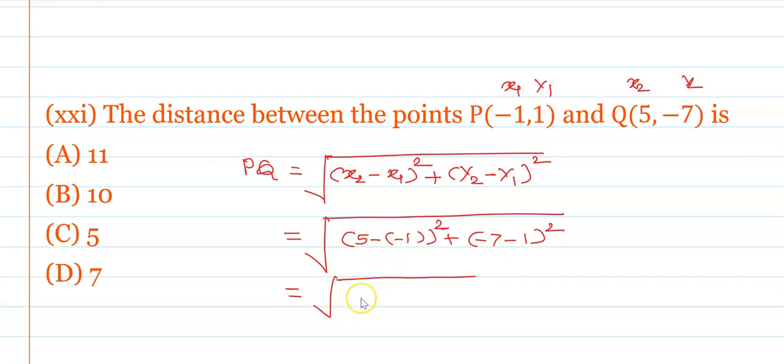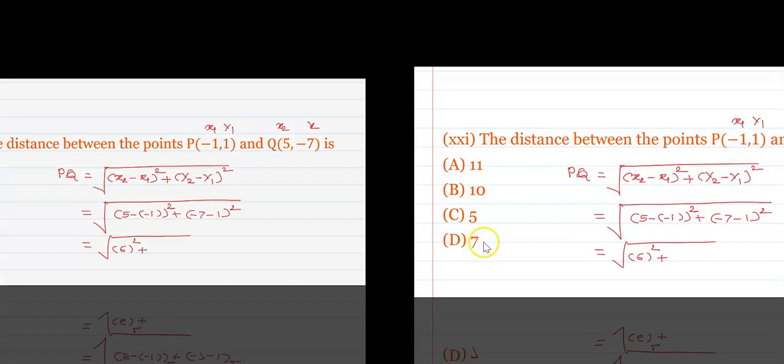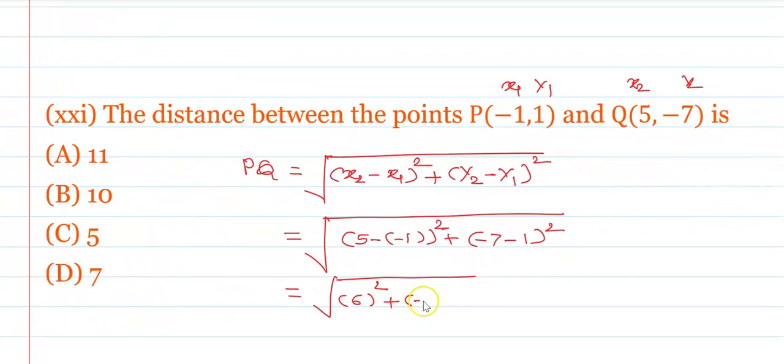And therefore here is square root of 5 minus minus, will become plus, that is 6 square plus (-7 minus 1), and that is (-8) bracket square. Therefore, square root of you will get 36 plus 8 square 64, that is root of 100, which is equal to 10.